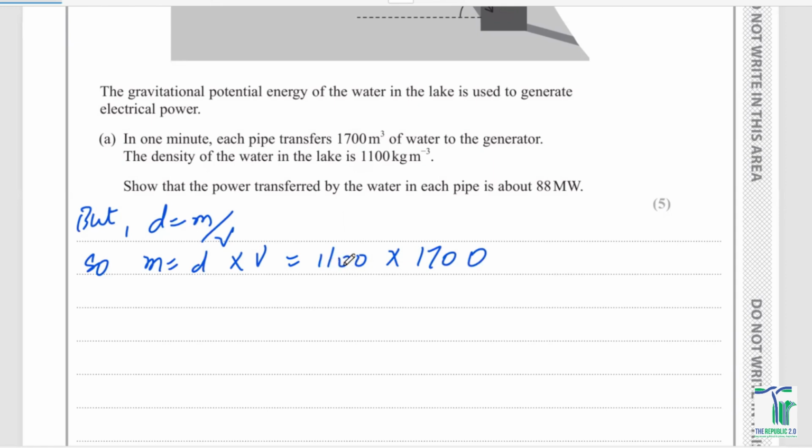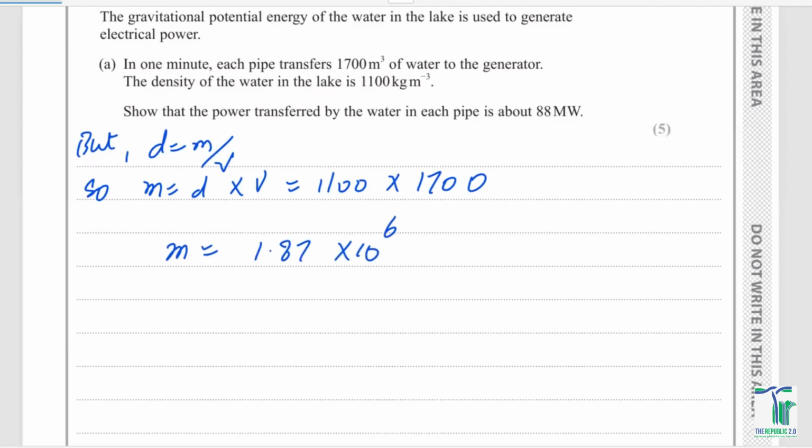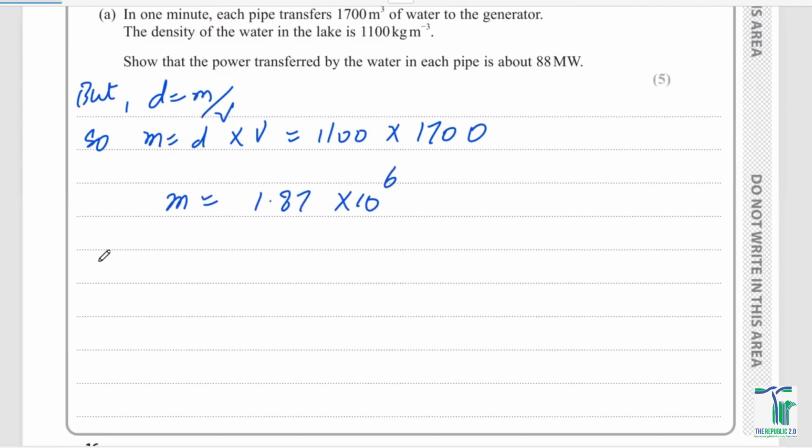By multiplying them, the mass comes out to be 1.87 times 10 raised to the power of 6, right? And after this, I'm going to calculate the gravitational potential energy with the simple formula mgh: 1.87 times 10 raised to the power of 6 times 9.8 times the height.